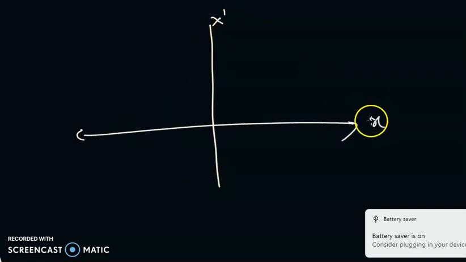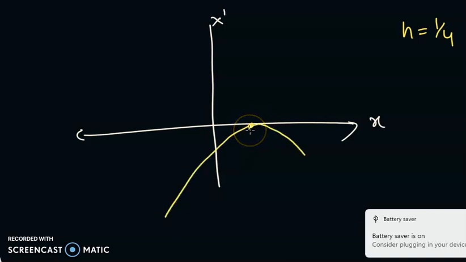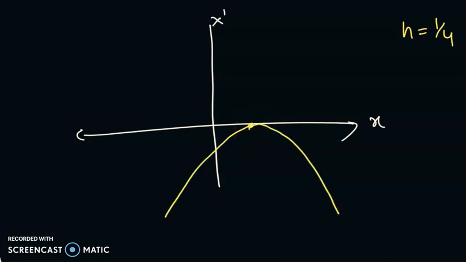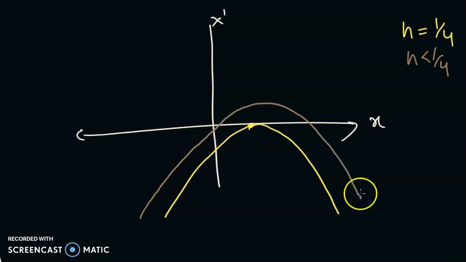In fact, we can also discuss the graph in the x prime plane. For h equal to 1 by 4, we had also seen that the parabola looked like this. For h less than 1 by 4, it was having two equilibrium points.